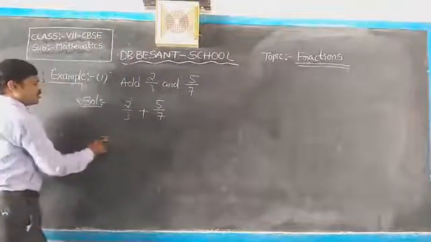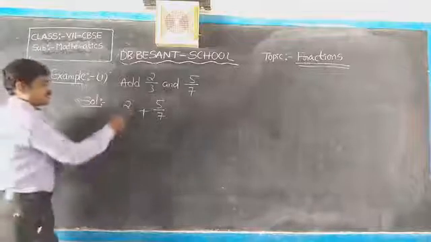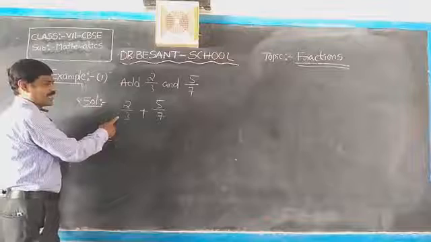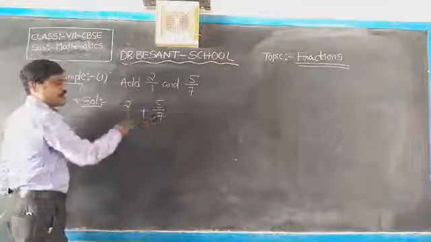This is the cross multiplication process. See here, numerator 2, denominator 3, here numerator 5, denominator 7.